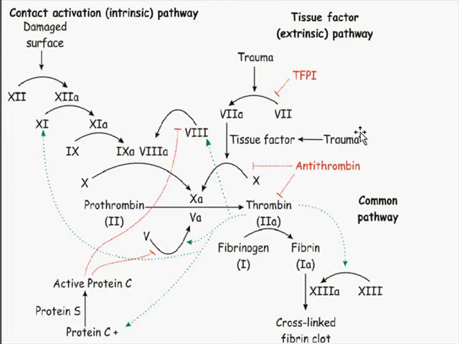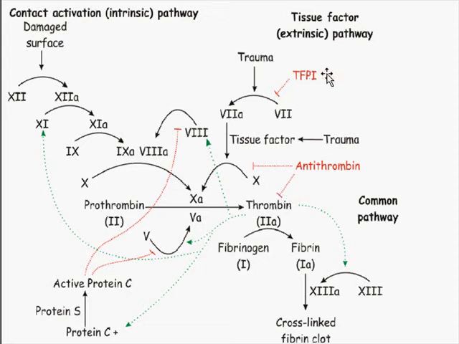If you look at the red arrows, these are all areas which act as a check on coagulation. So when you hear that protein C is an anticoagulant, you know it's going to have some effect on the conversion of factor 5 to factor 5A and factor 8 to factor 8A here on the intrinsic side. Antithrombin, sometimes called antithrombin 3, has an effect on activating factor 10 as well as a direct effect preventing the formation of thrombin.